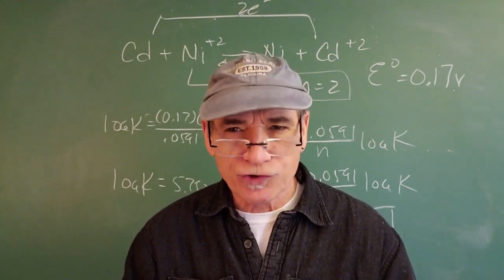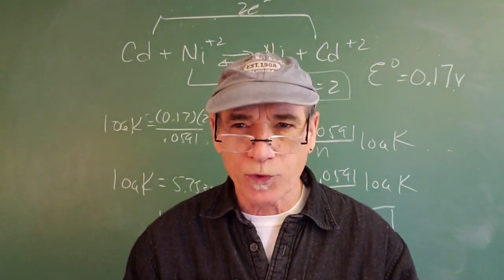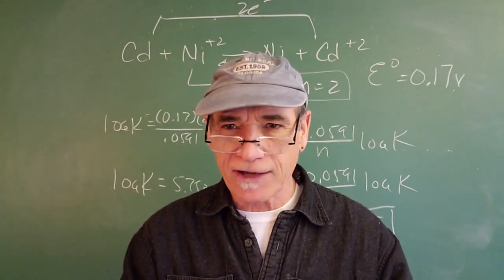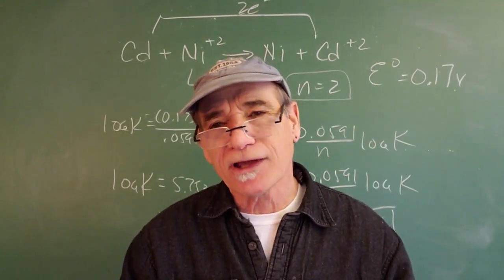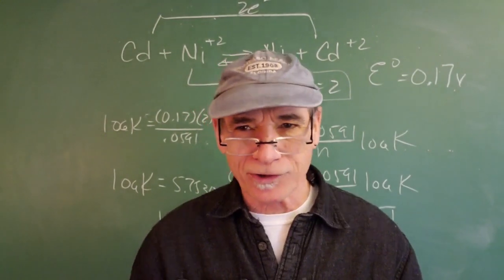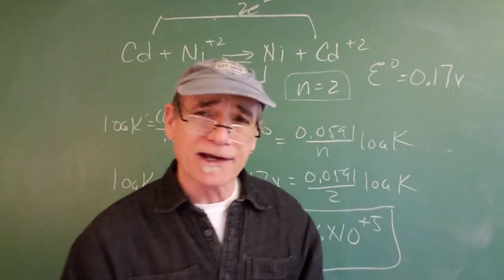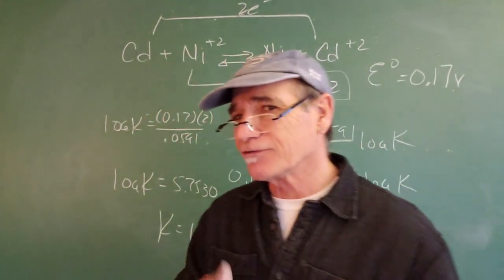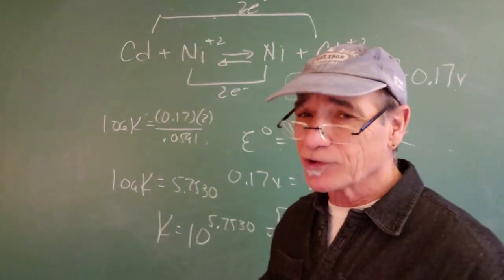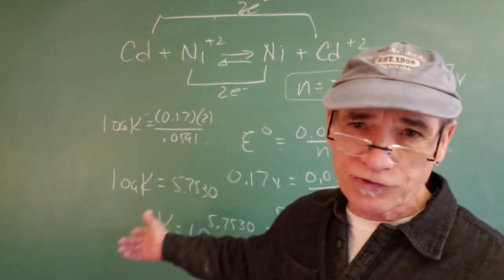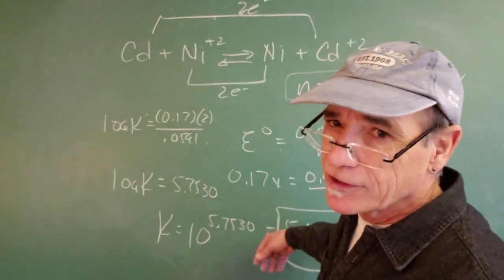We showed how the voltages were measured, and table 20.1, which shows the potential voltages for all of those different half reactions, and how we can calculate then the voltage for a simple battery, given the two half reactions. Then we began to look at how much work we can get out of the battery. So that brought up a little bit of our thermodynamics chapter. And then finally here, we simply looked at the relationship between the voltage of the battery and the equilibrium constant.